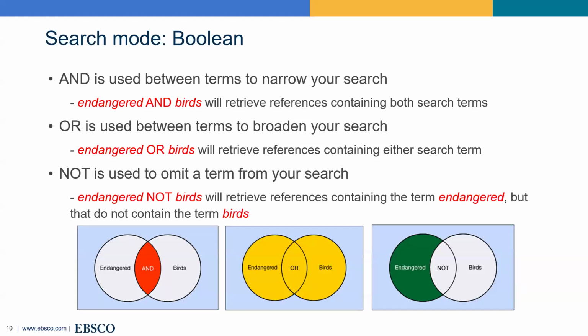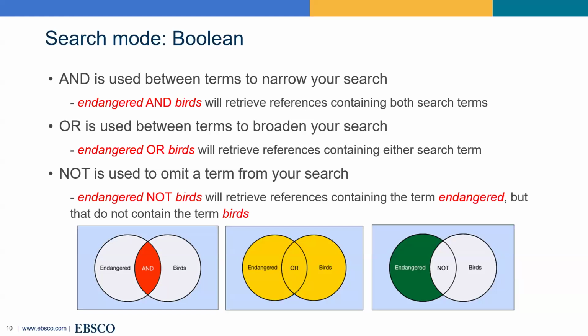Again, if you're new to Boolean searching, this can be a little bit confusing at the beginning because in our everyday language, when we use the word or, we're narrowing things down. We talk about one or the other, either or, but in Boolean searching, or broadens your search. The Boolean operator not is used to omit a term from your search.